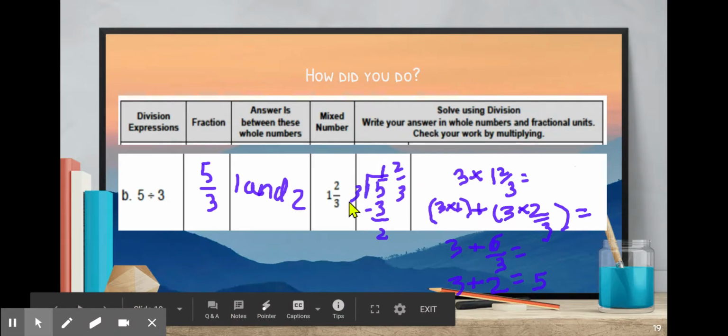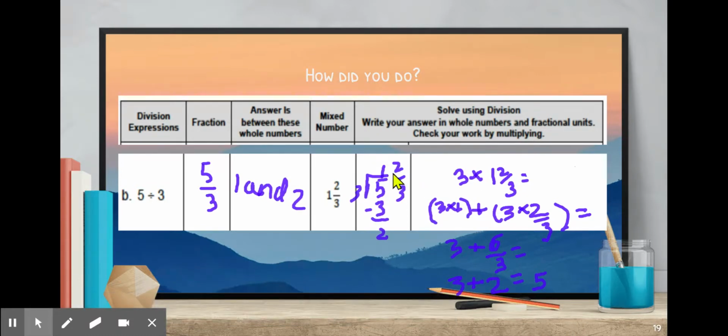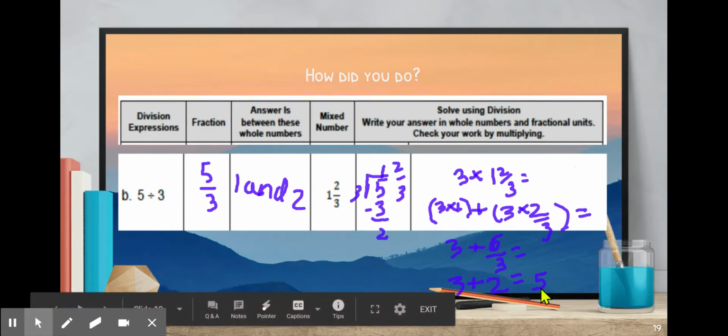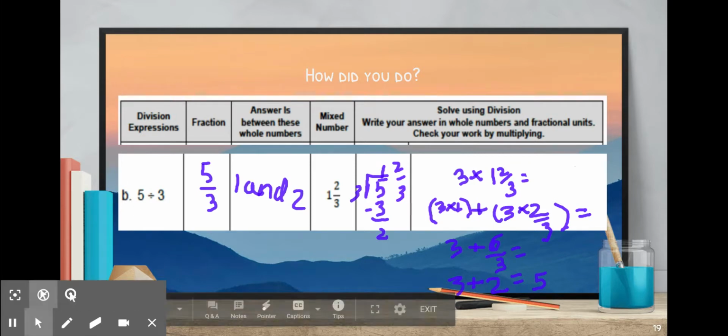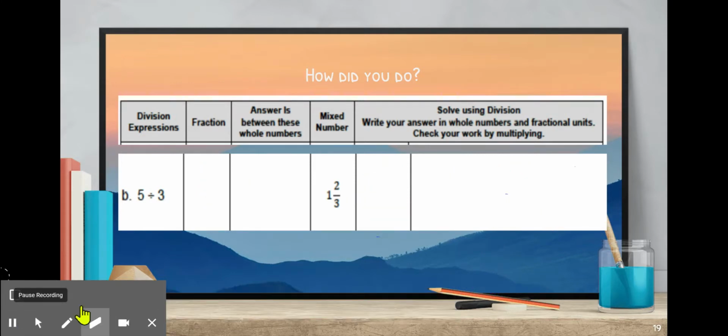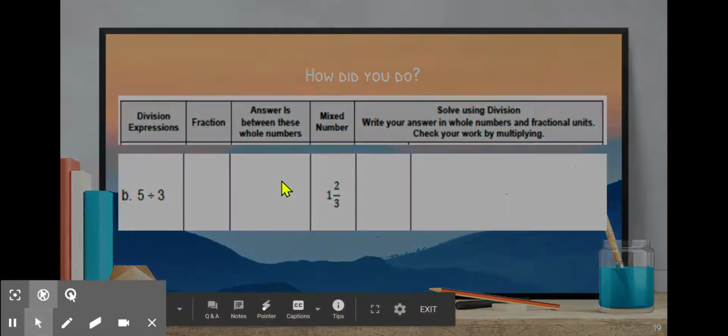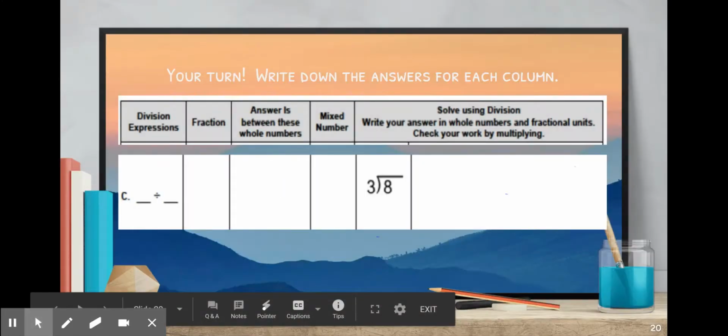I'm doing the divisor 3 times the quotient 1 and 2/3. And notice down here I get 5. That was my original dividend. So this checks out. Your turn. Now fill in these columns on the table.